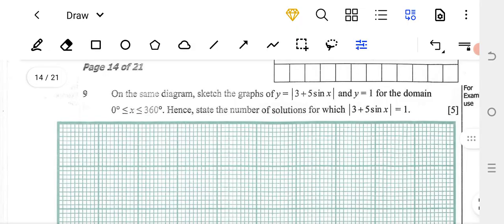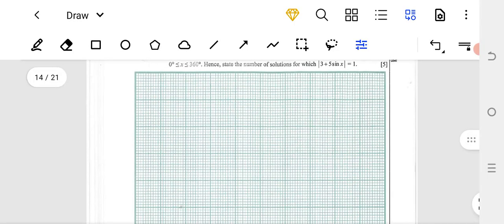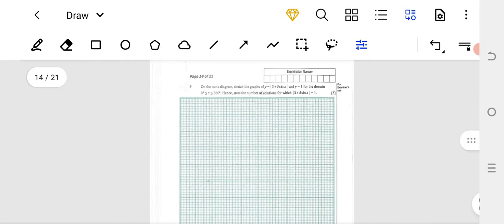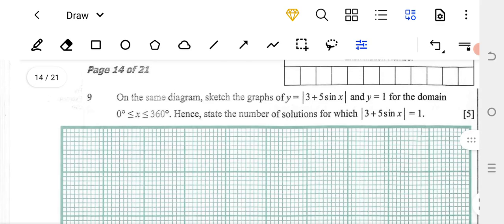This one also made a lot of people stressed in the exam. It was quite a question. Okay, so let's read it. On the same diagram, sketch the graphs of y is equal to the modulus of 3 plus 5 sine x, and y is equal to 1 for the domain 0 degrees is less than or equal to x, which is less than or equal to 360 degrees.